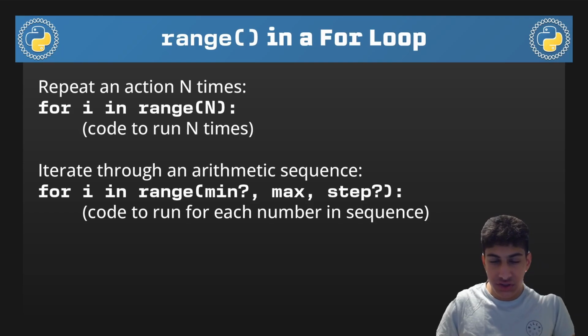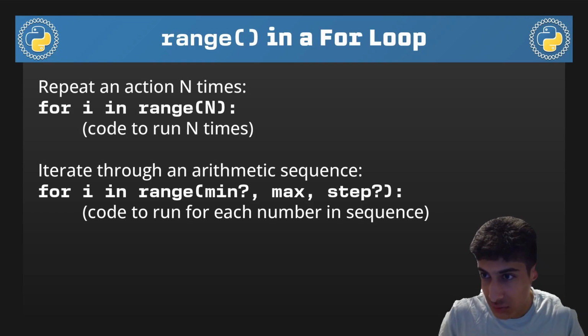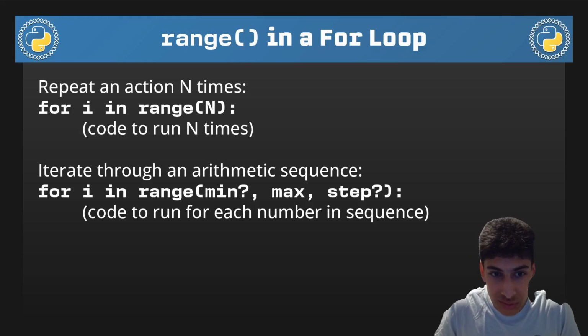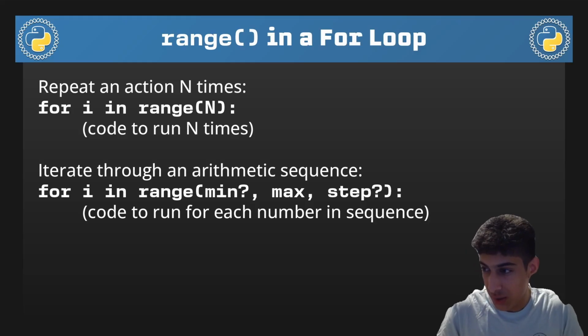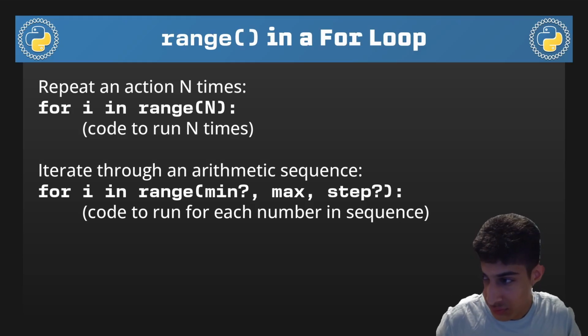Because the range function makes it really convenient to create a collection that represents an arithmetic sequence of numbers, we can use it for two use cases. We can either use it to repeat an action a specific number of times by putting the number of times we want the code to run inside the range function, like in the first block of code.